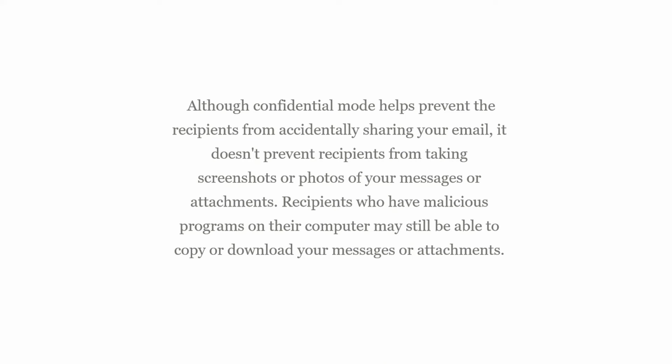Although confidential mode helps prevent the recipients from accidentally sharing your email, it doesn't prevent recipients from taking screenshots or photos of messages or attachments. Recipients who have a malicious program on their computer may still be able to copy or download your messages and attachments.